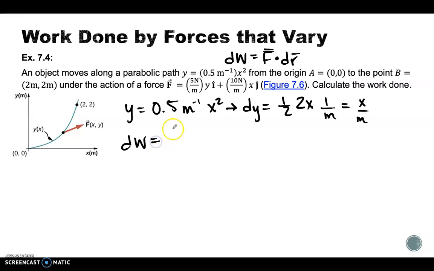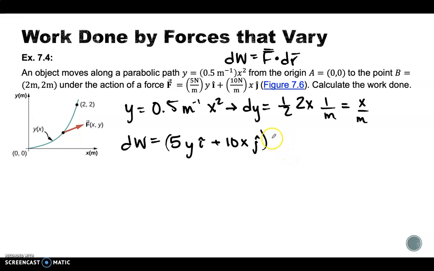So dw is equal to F, which is, I'm going to go ahead and not look at our units for a minute here. Okay, it'll make it a little bit simpler. So I'm going to say 5y i hat plus 10x j hat.